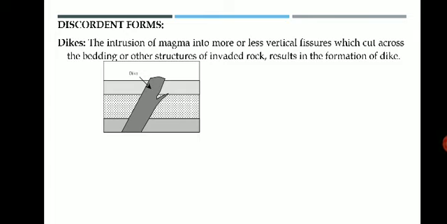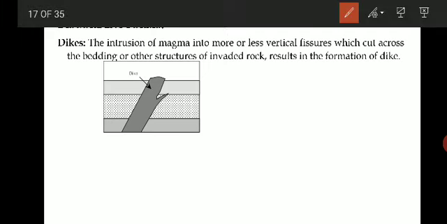A dike is the intrusion of magma into more or less vertical fissures, which cut across the bedding planes or the other structures of the invaded rock, that is the parent rock, and this results in the formation of a dike. There were rocks already there, these are sedimentary rocks.